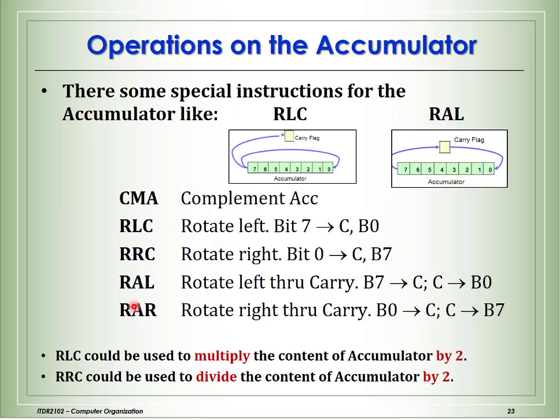So the same here, if you see RAL, which is rotate left through carry. Here, D7 is moving the data into the carry flag, and through the carry flag it is going to move to the D0 position. Okay, so this is the work of these.